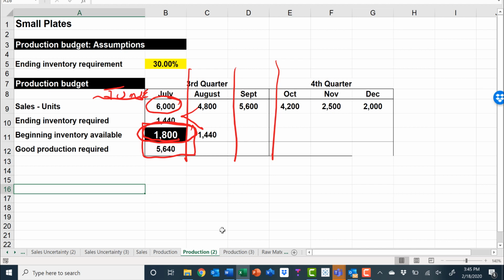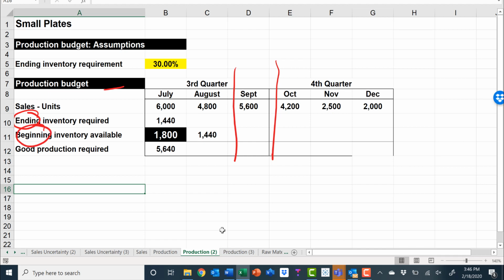So this 1800 is going to be 30% of the current month, because for July, the ending inventory requirement over here in June is that 30%, and it will come back in as the beginning inventory, just like you said, at midnight, August 1st. Now you want to do this in a pinch. The math will always work, but don't get confused as to which is the beginning and which is the ending in the requirement. That's a key thing.